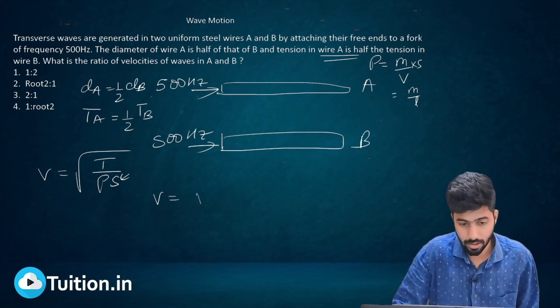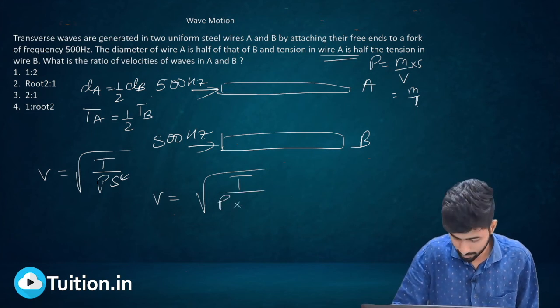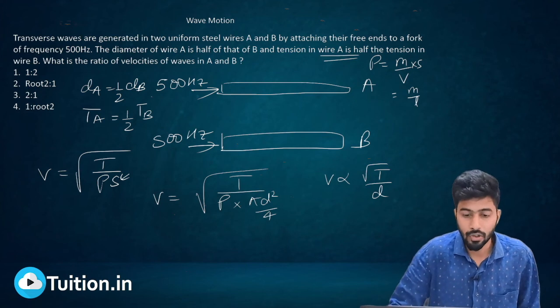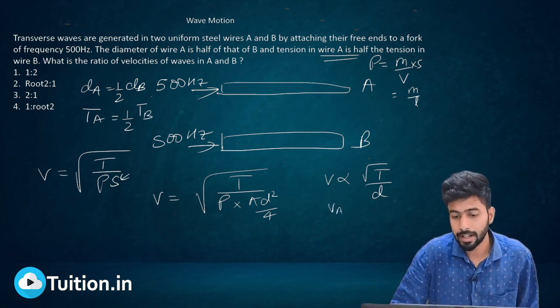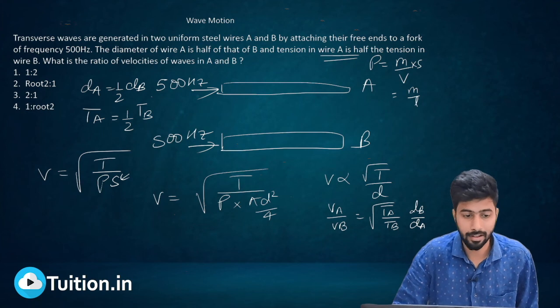So this is under root T by, because it's steel, rho is same for both of them, and this area is nothing but pi d square divided by 4. So I can say velocity is directly proportional to root T by d, right? So VA divided by VB can be written as root TA by TB into dB by dA. So this is how you'll get the velocities ratio.